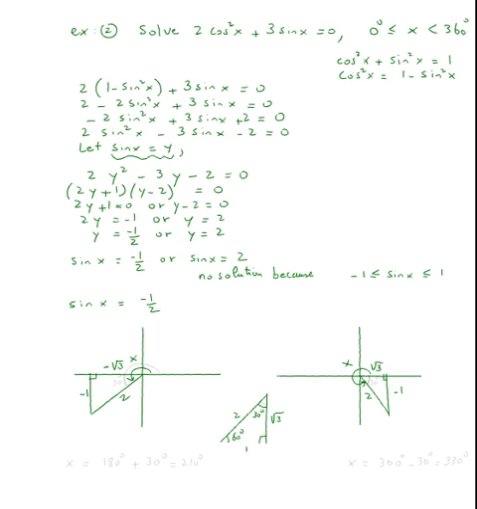The side that's facing the angle 30 degrees is 1. So therefore, this is 30 degrees, and this is 30 degrees.